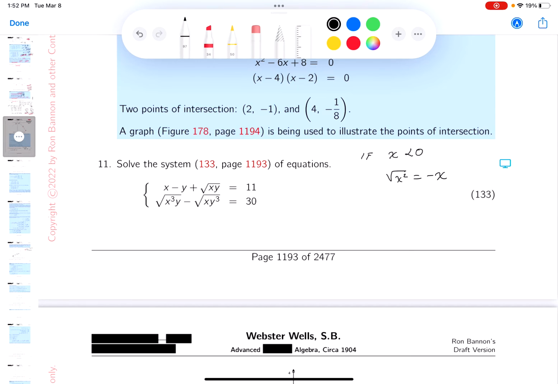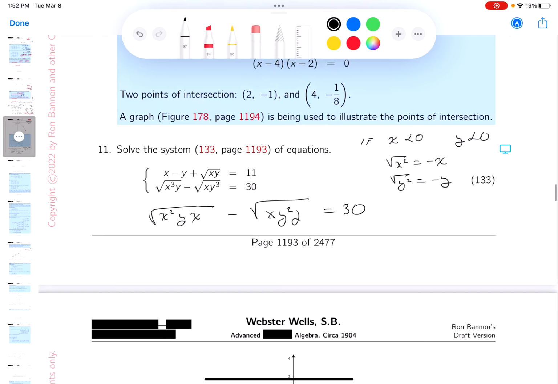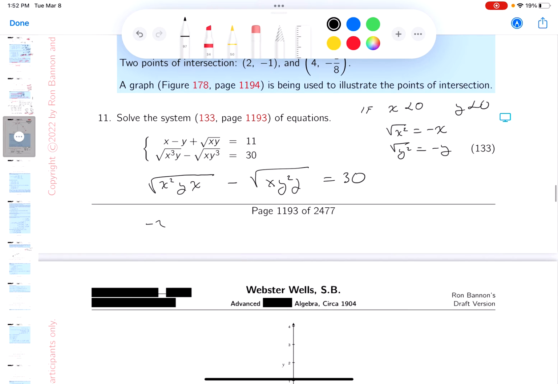So if I were taking this second equation, I see the square root of x squared y, which is minus x, and the square root of y squared, if y is negative, would be minus y. So let's write this down. What do you get over here? Minus x root xy. Again, both x and y are negative. What do you get over here? Plus y root of xy equals 30.